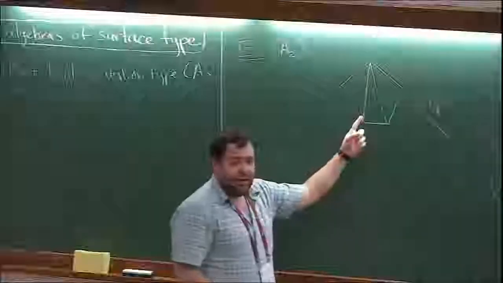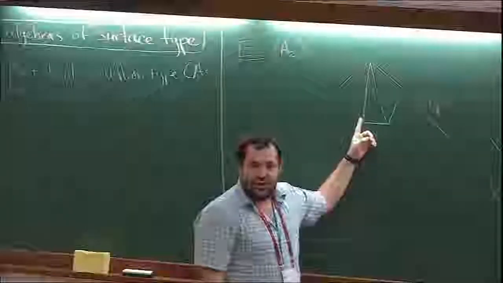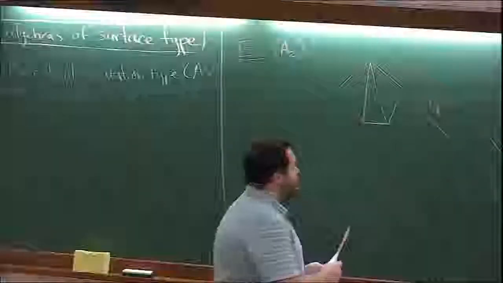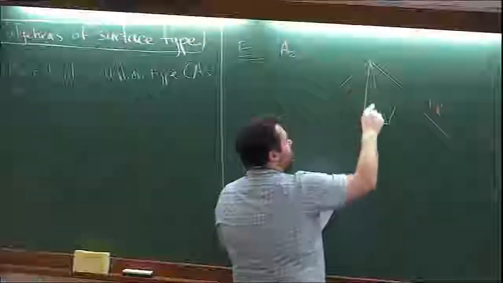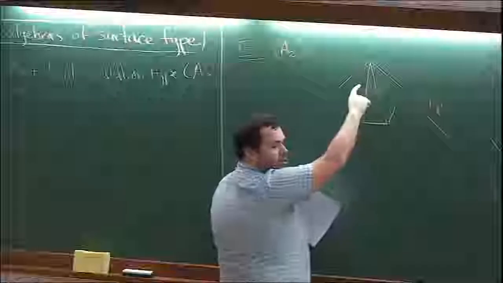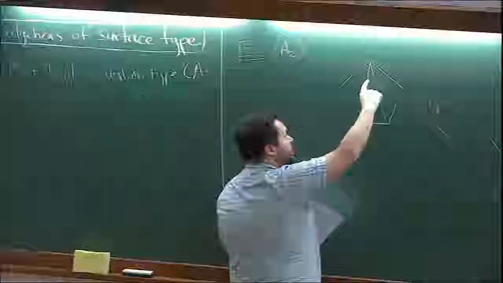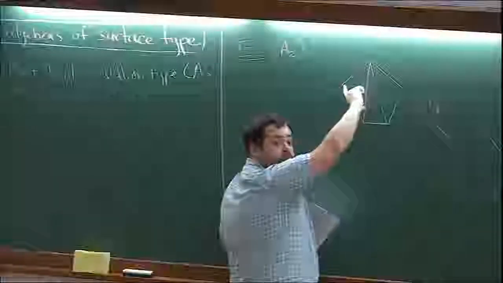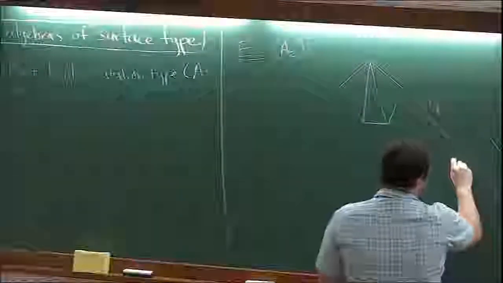And then this arc, what a flip means is I find the quadrilateral that this arc is inside. Okay? So it's inside this quadrilateral. And I replace this diagonal with the only other diagonal there is inside that quadrilateral. So I replace this one with this one. Okay? So when I flip this guy, I get this one.